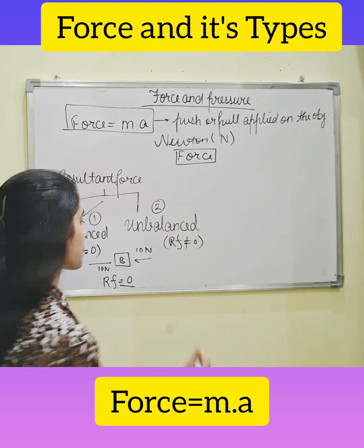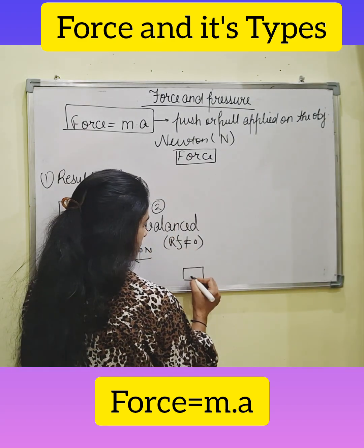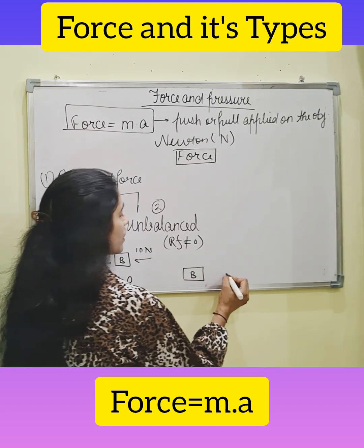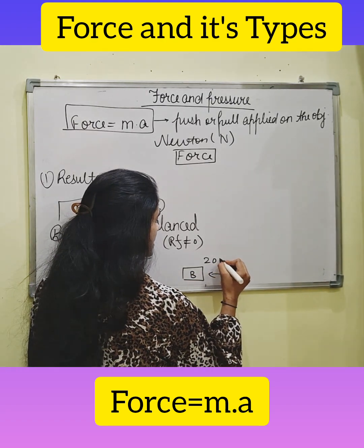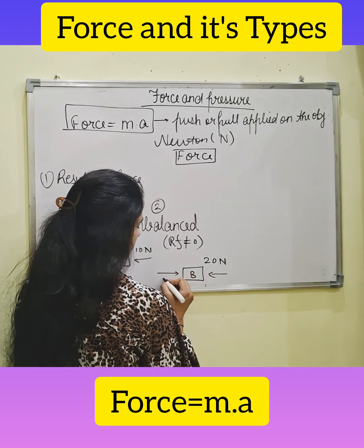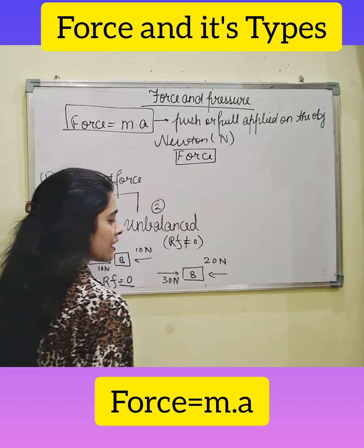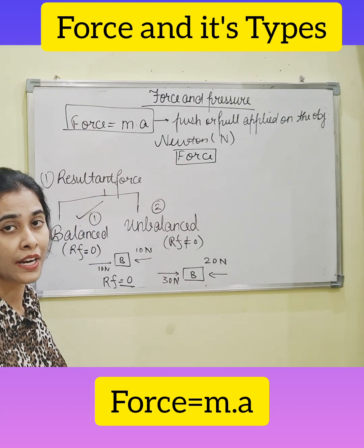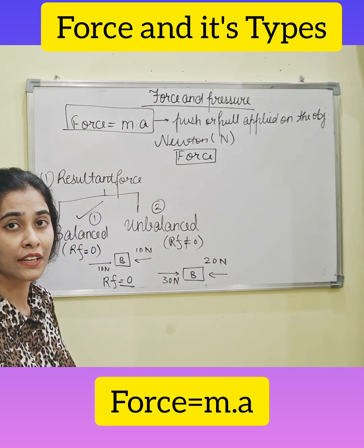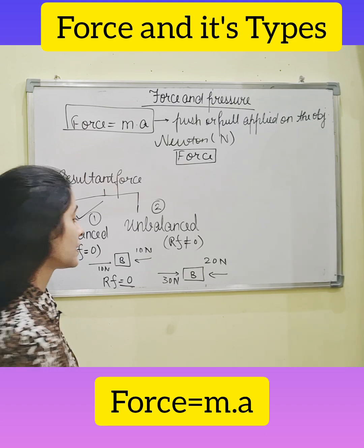We will take an example. Suppose this is the body B again. Now a force of 20 Newton is applied from this side and a force of 30 Newton is applied from this side. When we take the difference, 30 minus 20, the difference is 10 Newton.